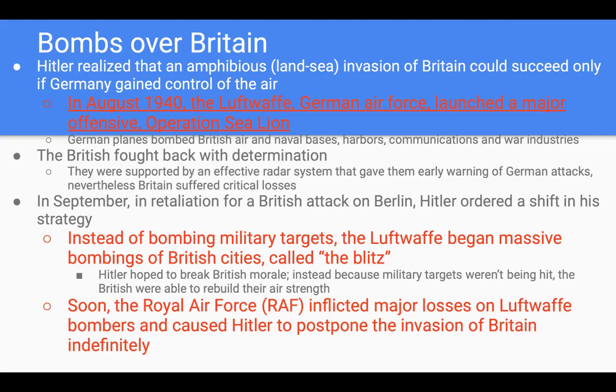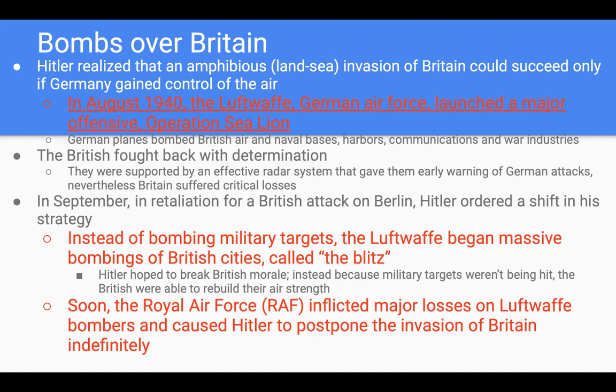In September, though, in retaliation for the British attack on Berlin, they bombed Berlin. Hitler ordered a shift in his strategy. Instead of bombing military targets, the Luftwaffe began massive bombings of British cities. This is called the Blitz. It is different from the blitzkrieg. The Blitz is the bombings over British cities.